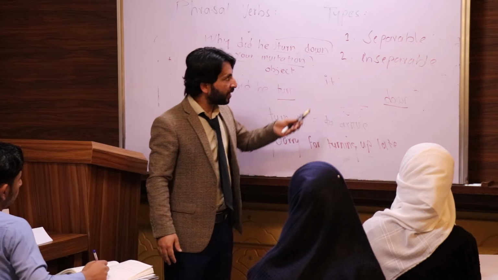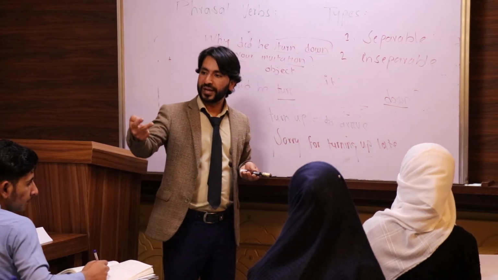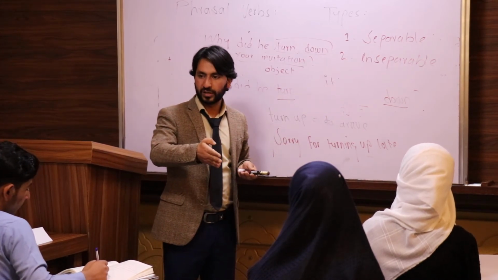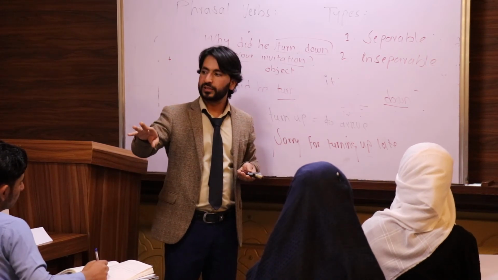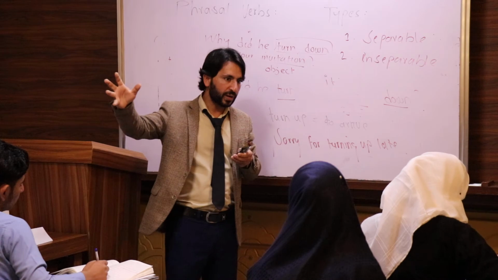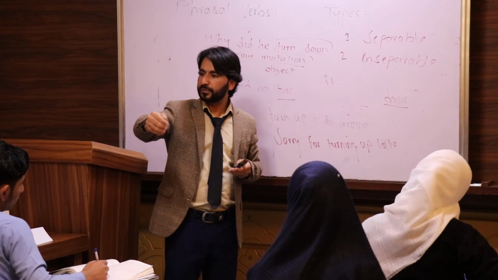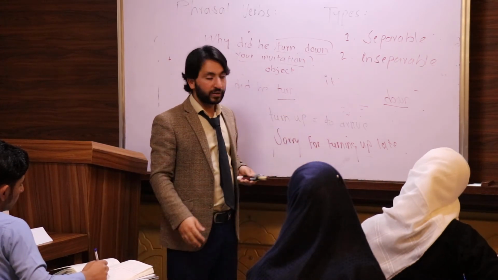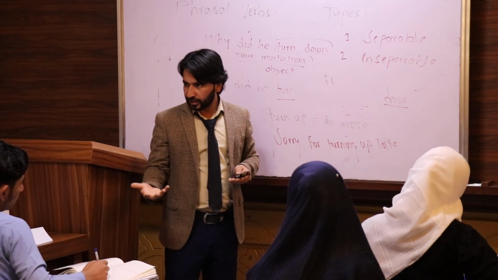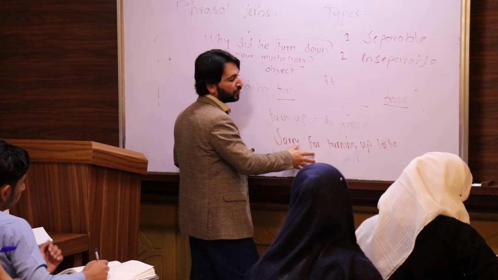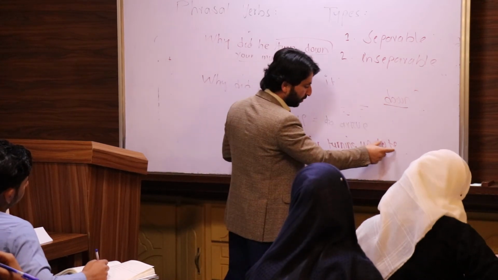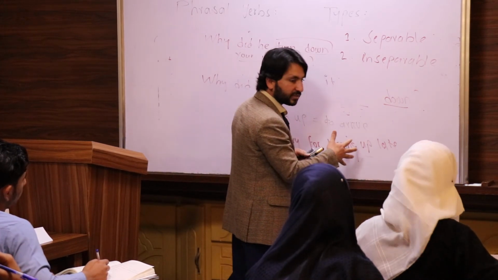But for now, there are mainly two types of phrasal verbs, separable and inseparable. Separable phrasal verbs need an object, so you can separate the verb from the preposition by putting the object between them. And inseparable phrasal verbs do not need an object and they cannot be separated. In this example, you cannot say sorry for turning late up. You cannot use late between them because it's inseparable.